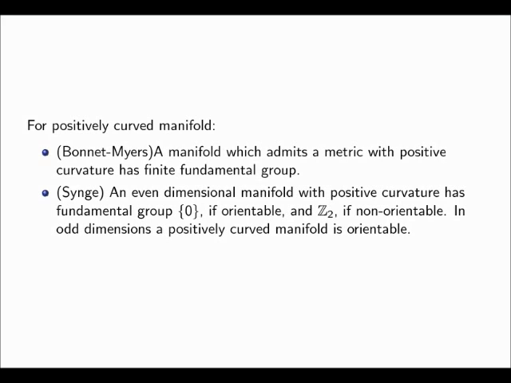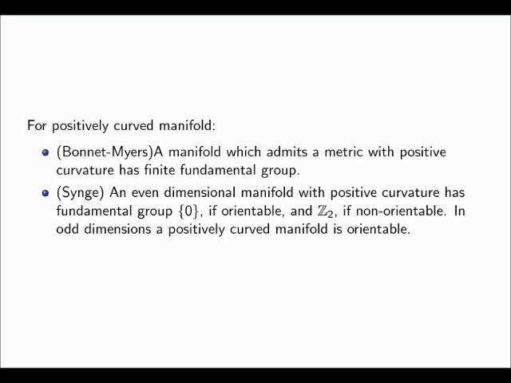And in odd dimension, every positively curved manifold is orientable, but the fundamental group is finite, like lens spaces. So this is the general structure theorem for positively or non-negatively curved manifolds.